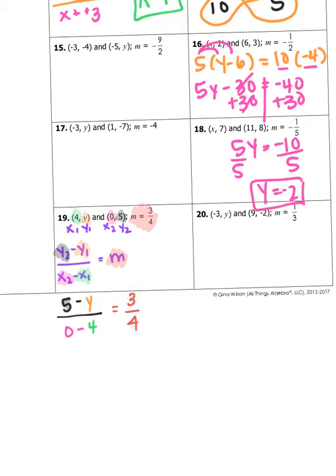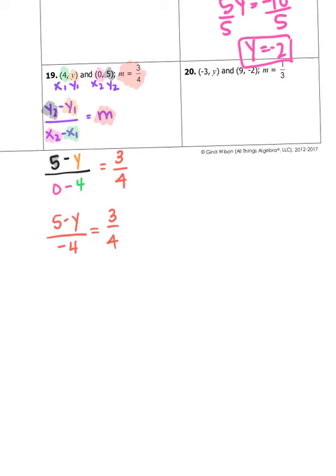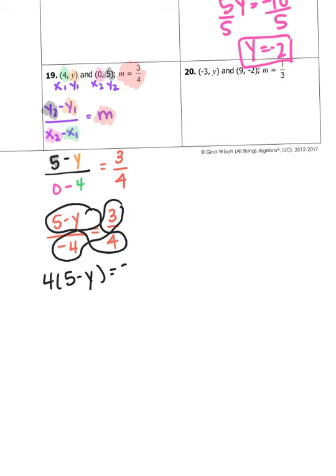All right, so now if I clean it up, I can't really do much with 5 minus y, so that'll stay 5 minus y. 0 minus 4 is negative 4, and it still equals 3/4. So from here, I'm going to cross multiply. So 5 minus y times 4, I'm going to write it like this, 4 times 5 minus y equals, then I have to multiply those two, so 3 times negative 4.